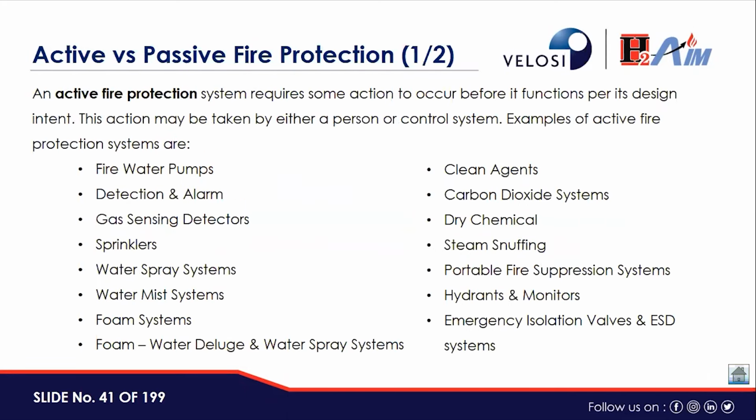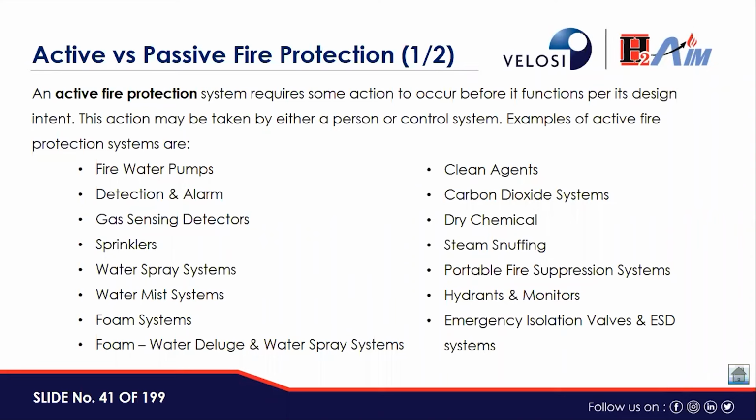So, active versus passive fire protection. What is an active fire protection system? An active fire protection system requires some action to occur before it functions per its design intent. This action may be taken by either a person or a control system.